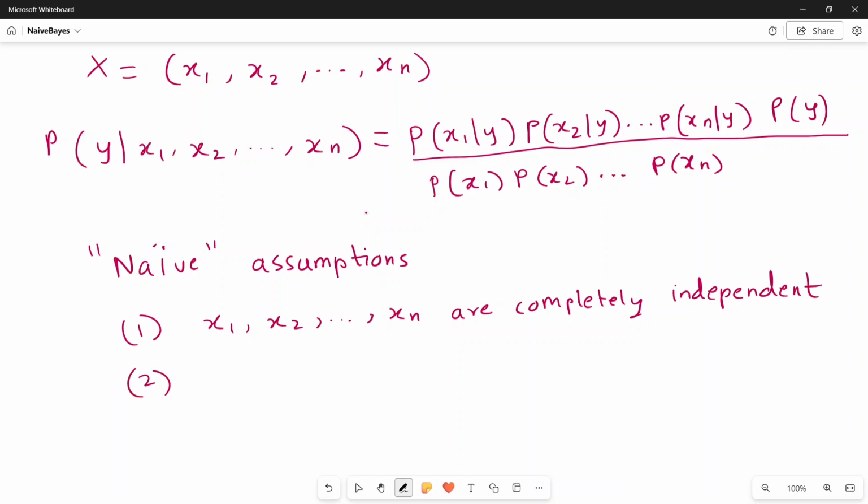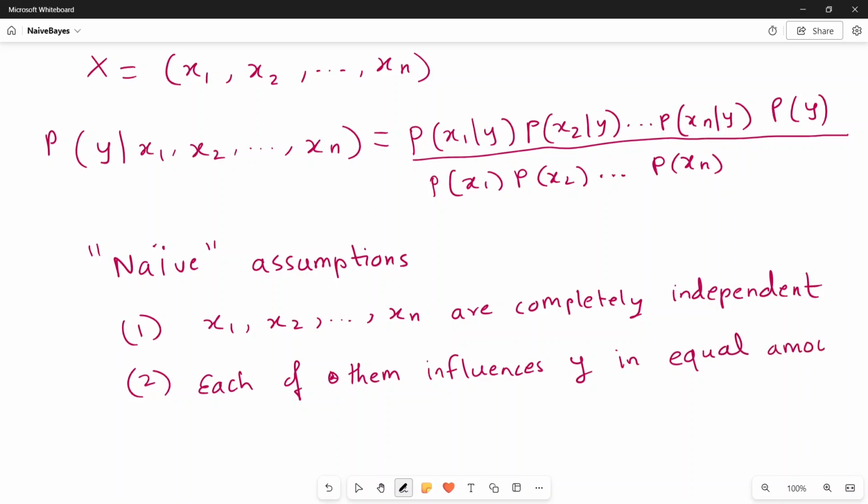And the second naive assumption is that each of them equally influences the outcome, or the class label, or the class variable y. Each one of them has an equal influence on y.